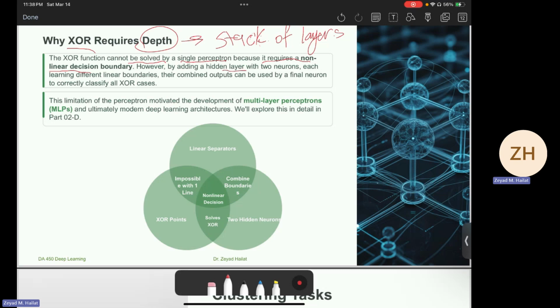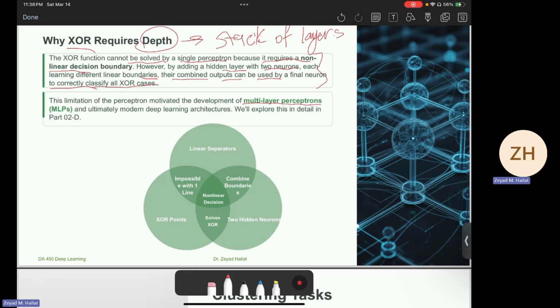However, by adding hidden layers with two neurons, each learning different linear boundaries, their combined output can be used by a final neuron to correctly classify all XOR cases, if we think about XOR as a classification problem. So now we added more than just simple neurons. These limitations of the perceptron motivated the development of multi-layer perceptrons.